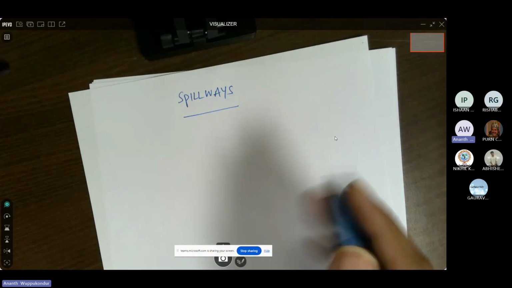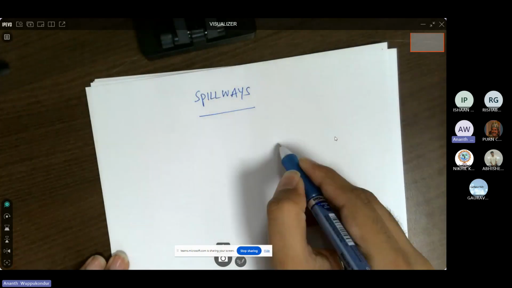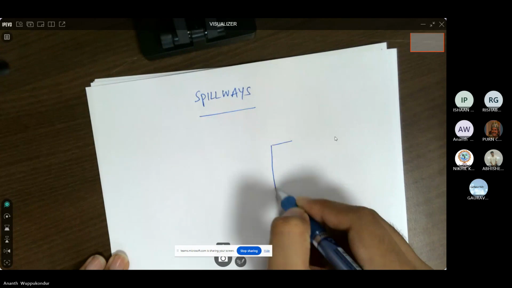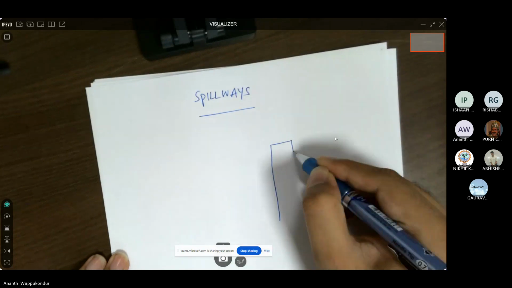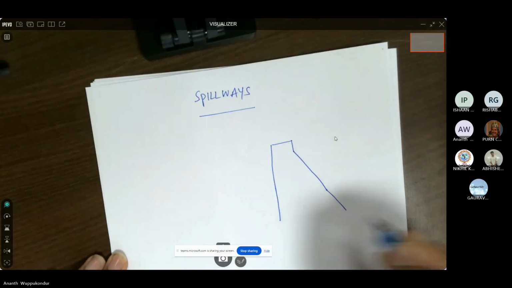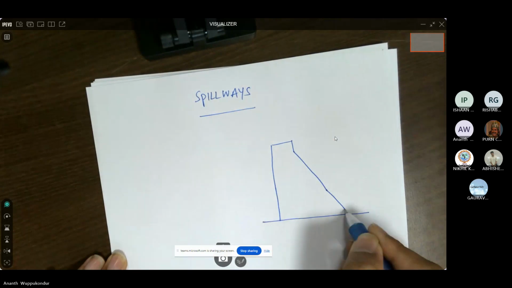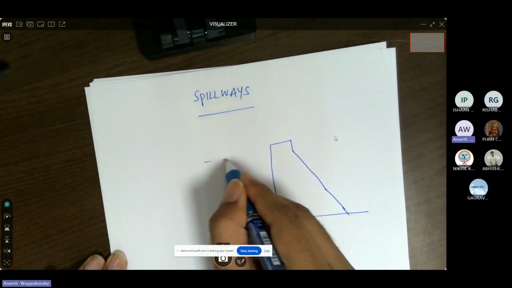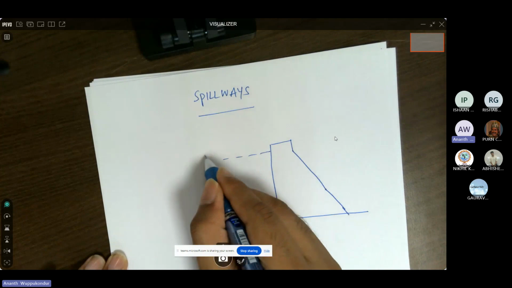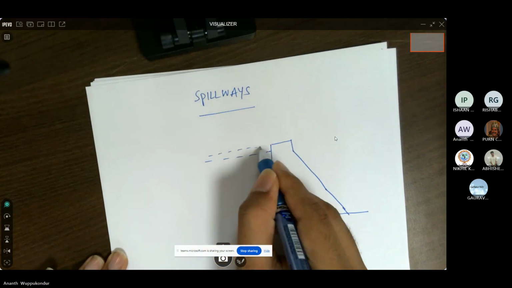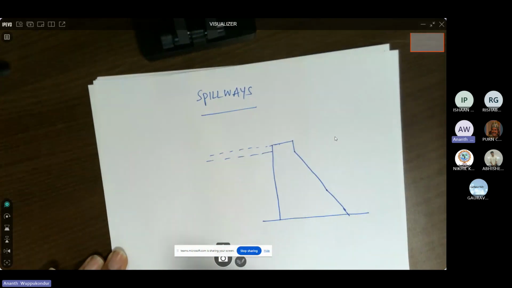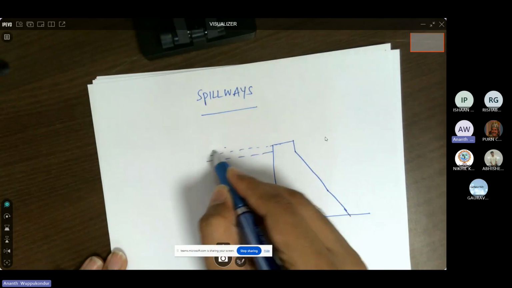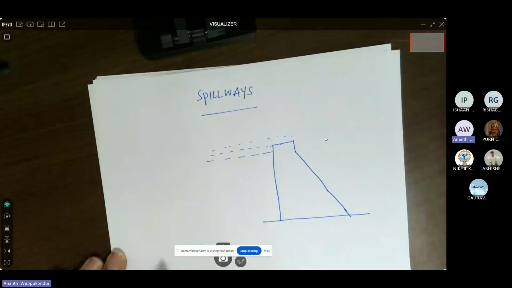So if we have a reservoir and a dam, let's say this is the gravity dam. And if there is a flood event, then the water level would be rising. So at some point, the water will start to overflow on top of the dam. Now, we do not want the water to overflow on top of the dam.